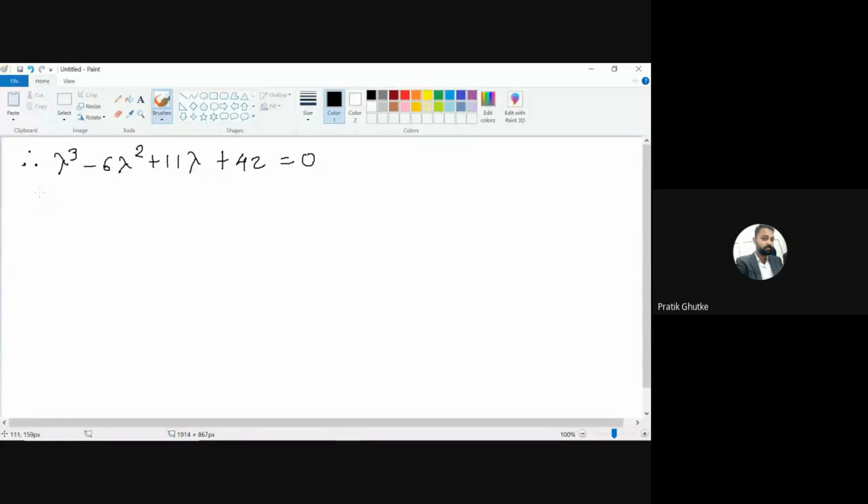Now comparing with the standard equation, here a1 equals to minus 6.